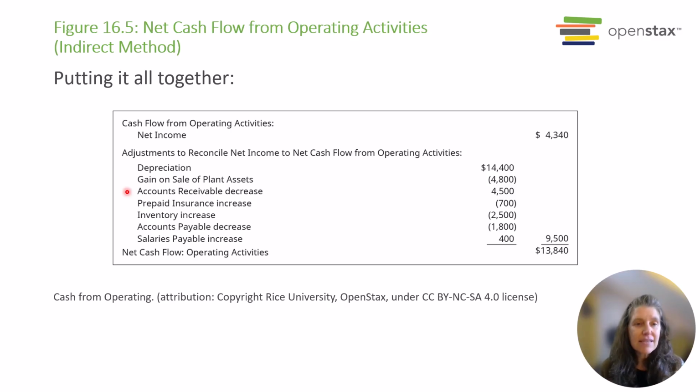We're going to list the accounts in the current assets section and whether those accounts increased or decreased. We'll have that information because we prepped our change column before we started this process. Any decreases in current assets are going to show as being added back in to this process. Any increases will be shown as subtractions out.